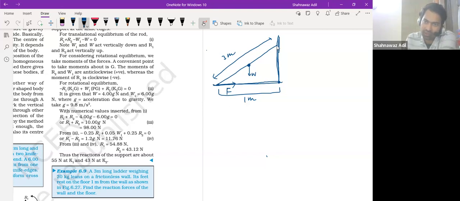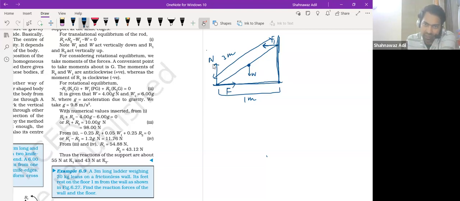So here we have this wall and this surface. So we have this reaction from the surface perpendicular to this wall, right? So this is one, and then we have this normal reaction at this point. So this is the normal reaction, and this is the normal reaction at this point.